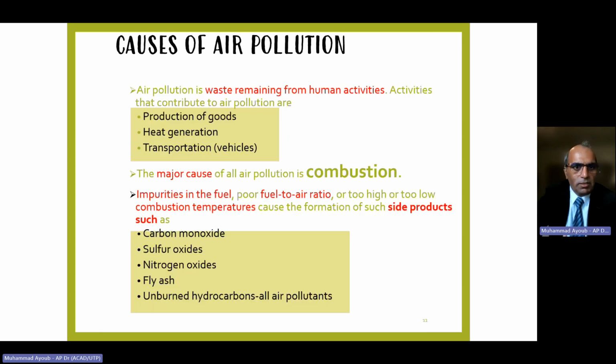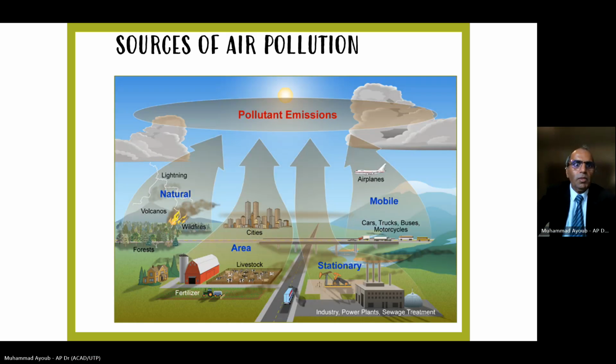Then different cases are there, but if we see overall cases, then combustion is the main culprit that can make these primary or secondary sources. Because even if it is primary, and starts from the combustion side, it has some side products. As we say, different sources are there.